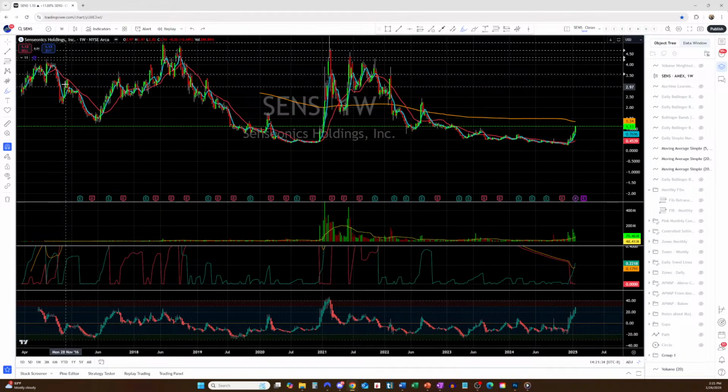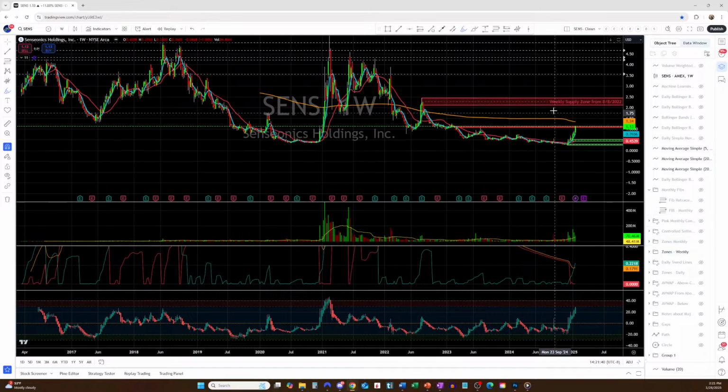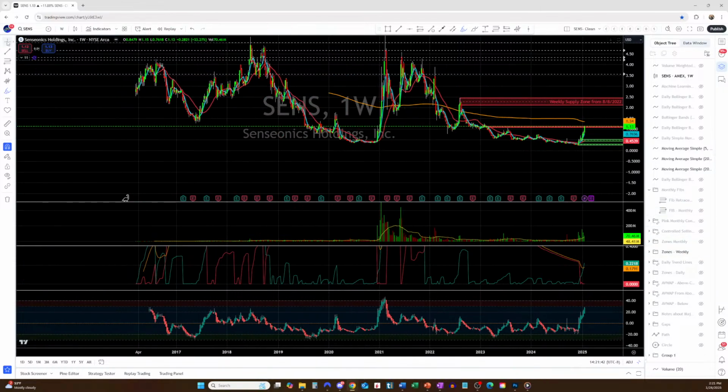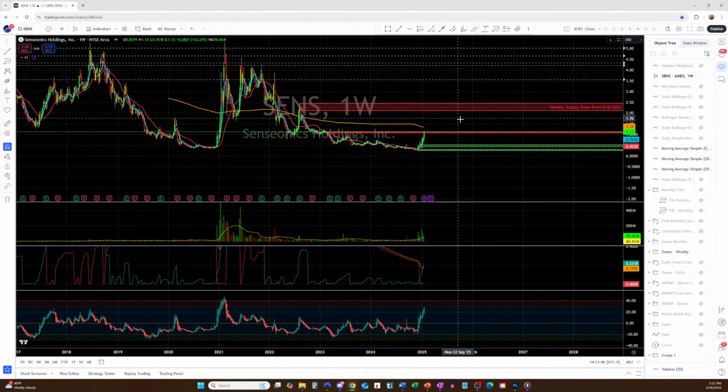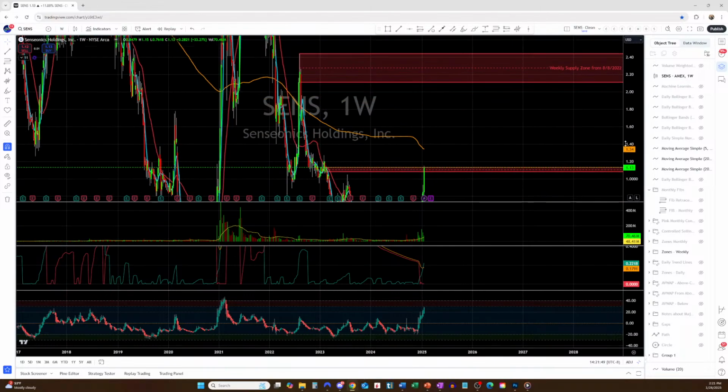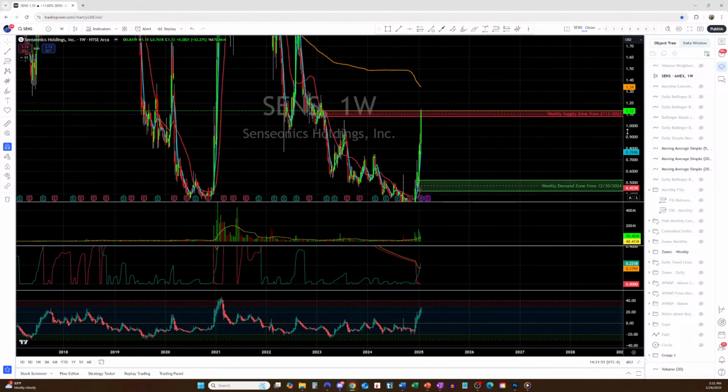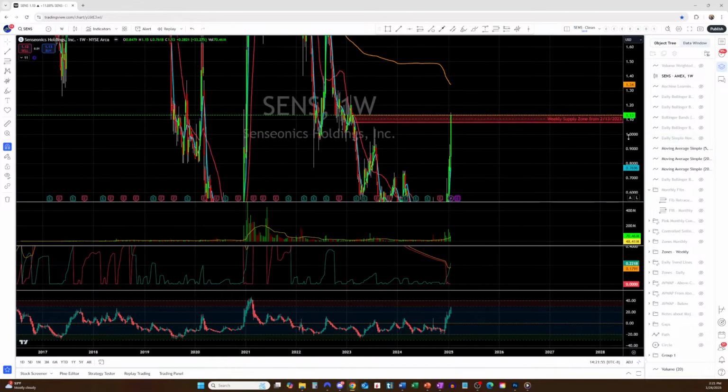And then if you go to the weekly supply zones, I'm going to show these right now to be aware of them. Right now we have a weekly supply zone from August 2022. We are right now at this critical supply zone from February 2023. We seem to have broken through it.